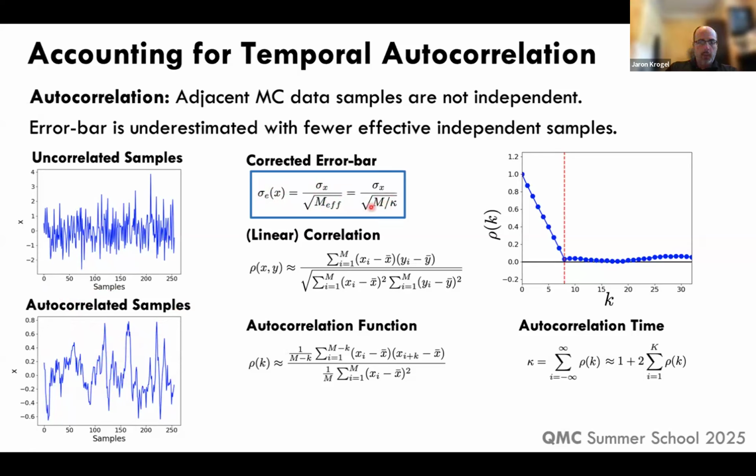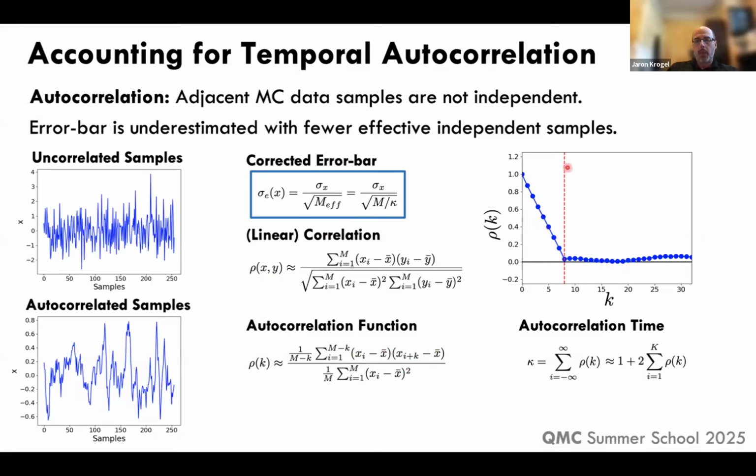Information about the autocorrelation time is encapsulated in the autocorrelation function, where you can look at the linear correlation between different Monte Carlo samples differing by some interval in time. And that autocorrelation function, for example, can look like this, or have an exponential decay.